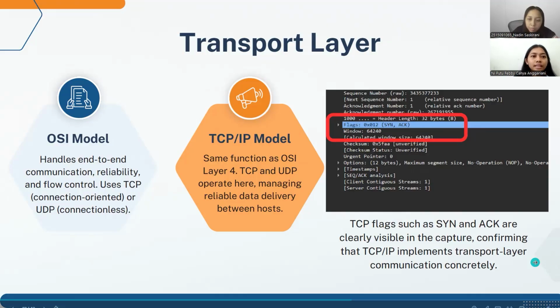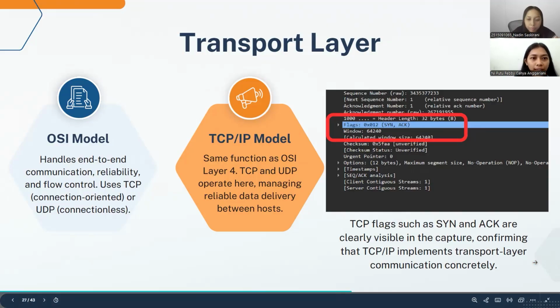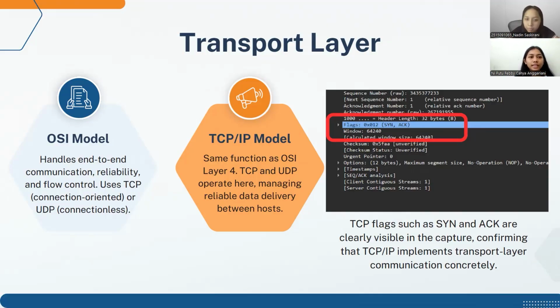When you expand a TCP packet, you will see the TCP flags such as SYN and ACK, and it's clearly visible in the capture. It's confirming that TCP/IP implements transport layer communication concretely.